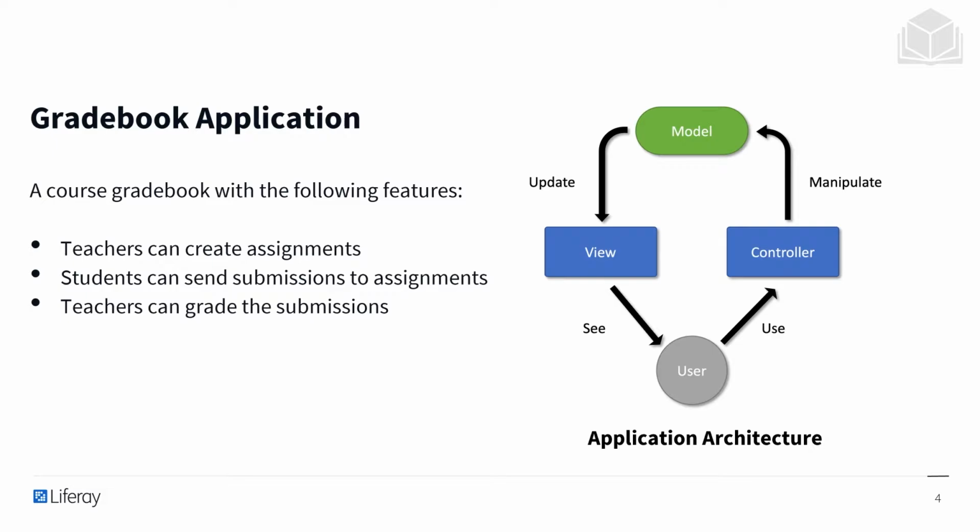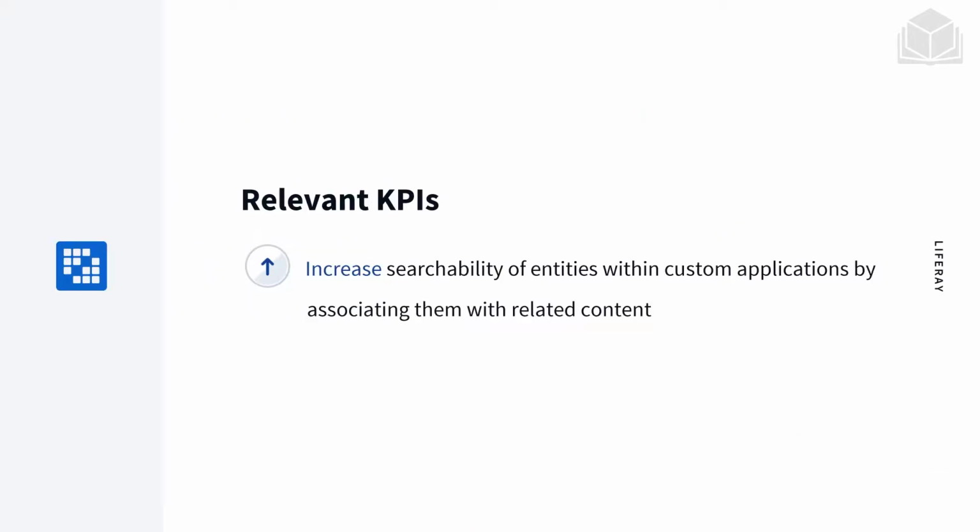In this module, we will be integrating our gradebook application with both the asset framework and the search framework, which will enable us, at the end of the exercises for this section, to search for assignments using the search bar. And a relevant KPI for this module is we're going to increase searchability of entities within custom applications by associating them with related content.